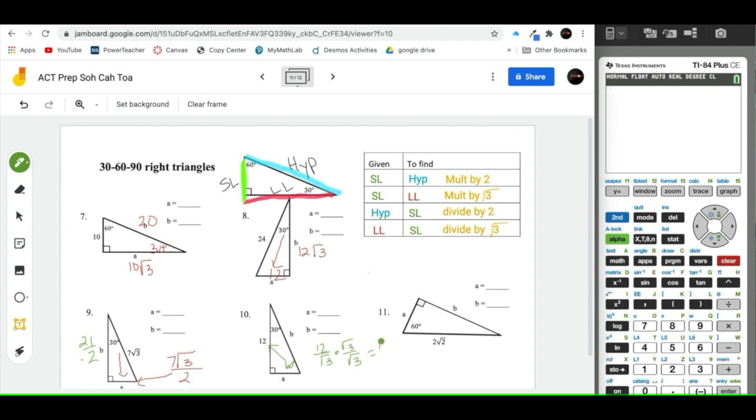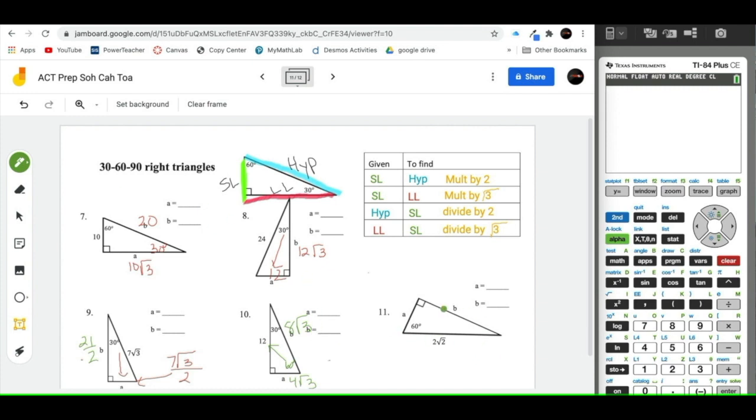So this is 12 square roots of 3 upstairs. Radical 3 times radical 3 is radical 9, which cleans up to be 3. And 12 over 3 still simplifies to be 4. So this is 4 square roots of 3 over 1, which is just plain old 4 square roots of 3. What a mess. The old radicals in the denominator. Then, since I have the short leg, to find the hypotenuse, I multiply by 2. 4 square roots of 3 times 2 is 8 square roots of 3. Just the number times the number, the radical had no one to play with.